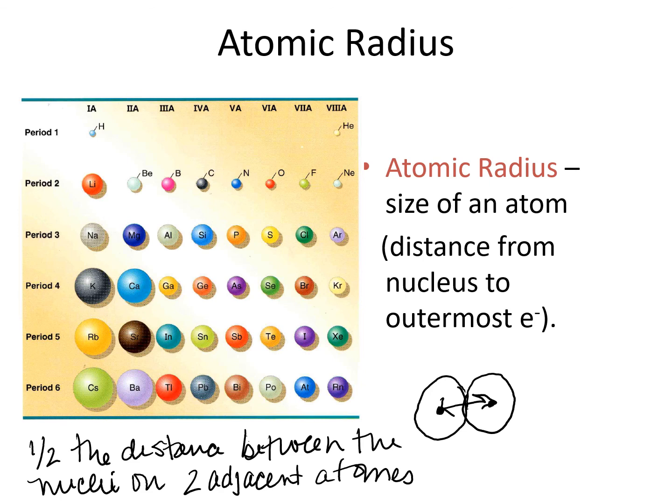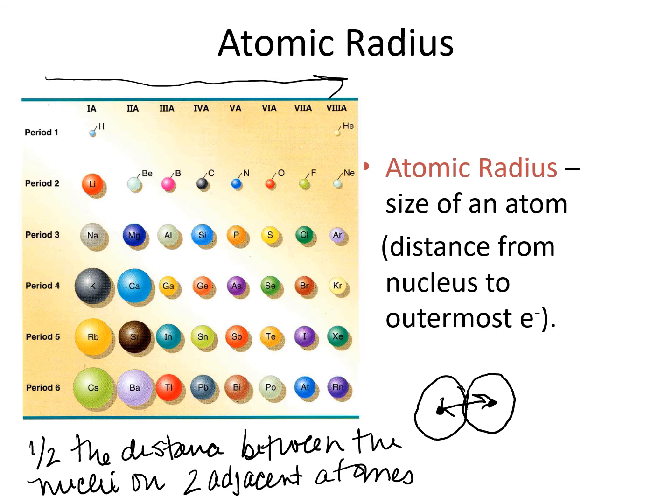So that nucleus has a stronger hold on the outer electrons, and the atomic radius decreases. Okay? So the trend, as you can see in this figure, is that moving left to right across a period, atomic radius decreases.